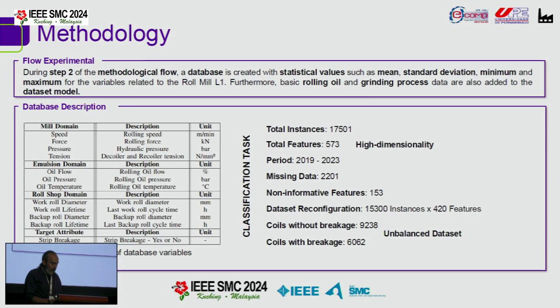So we have the database description in table 2 on the left, and for this classification task we have the summary with all the things that you can see in this slide. I mean, the instances, features, total features, period, missing data, non-informative features, dataset configuration, coils without breakage, and coils with breakage.